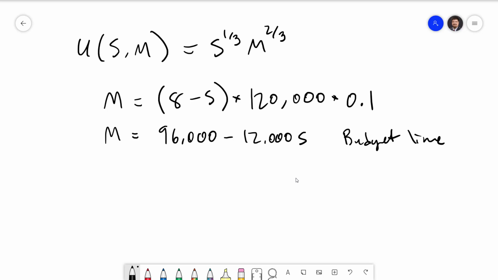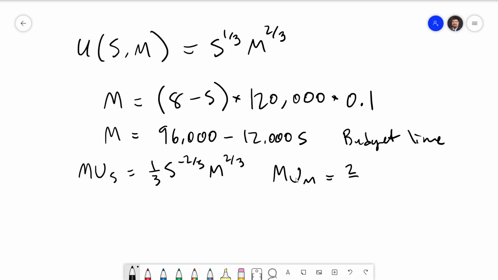First, we need to calculate the marginal utilities. So the marginal utility of shirking is going to be (1/3) s^(-2/3) m^(2/3). Marginal utility of m is going to be (2/3) s^(1/3) m^(-1/3).